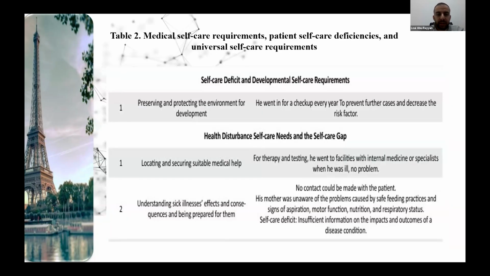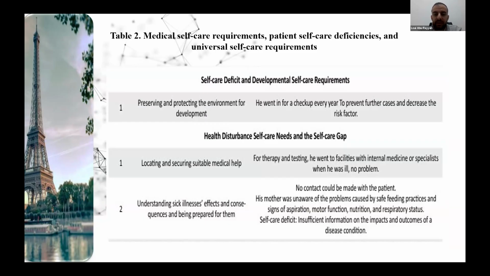Table number 2, the medical self-care requirements, patient self-care deficit, and universal self-care requirement. For self-care deficit and developmental self-care requirement, the first point, preserving and protecting the environment for development. For this family, he went in for a checkup every year to prevent further cases and decrease the risk factors.